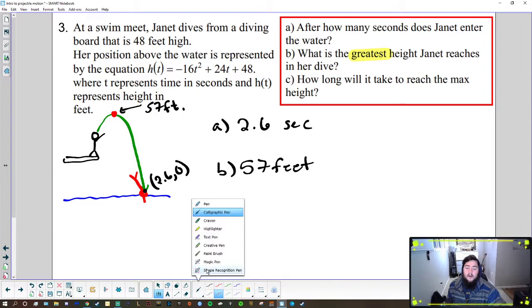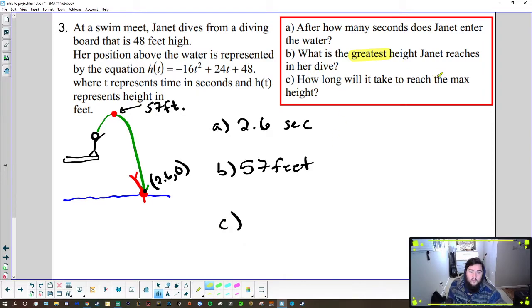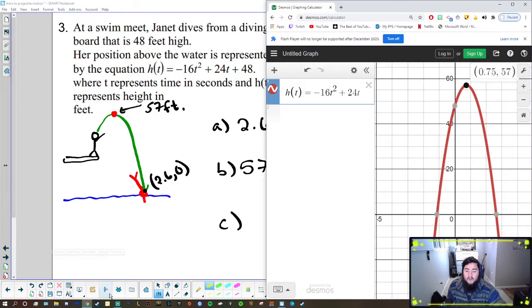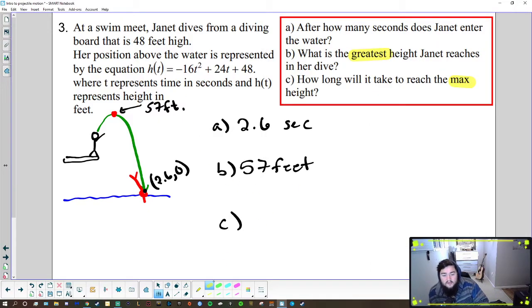Okay, our next question asks us, how long will it take to reach the max height? We see that keyword max, which means we need to look at Desmos and look at our vertex. Vertex is the maximum. Now we're looking at how long it takes her to get to 57 feet. Well, it takes her 0.75 seconds.